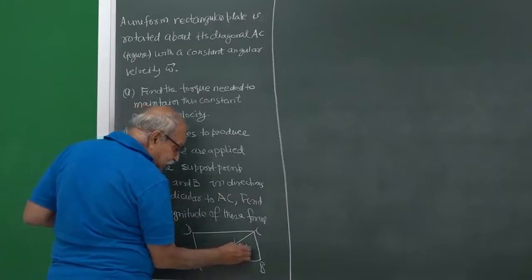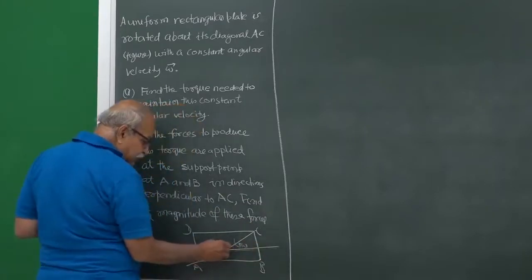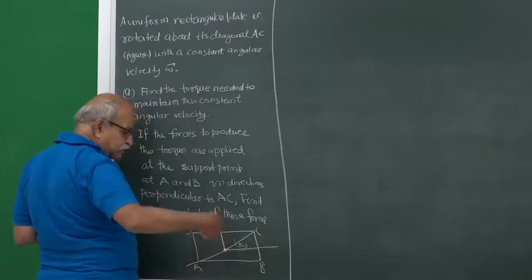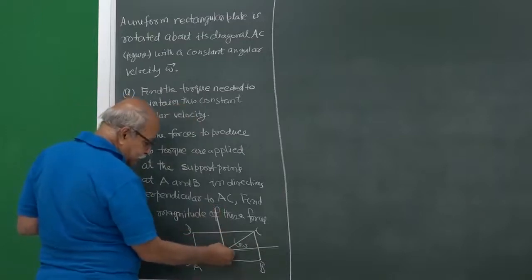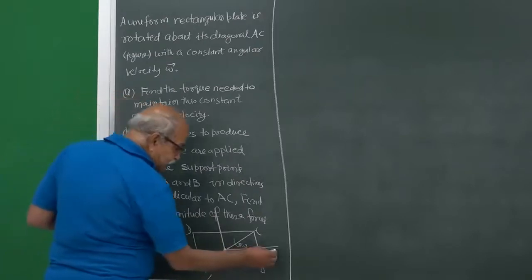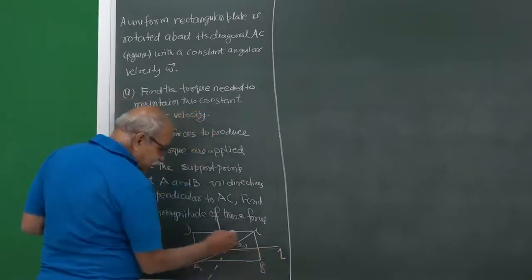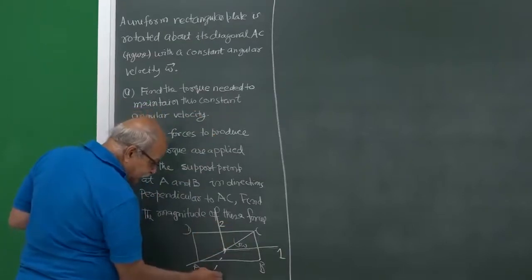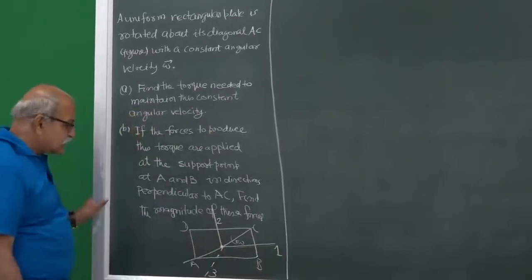This is one principal axis, this is another principal axis, and the third is perpendicular to this plate. So, these are the axes. Let us call this one axis, this two axis, and this perpendicular to the plate as 3 axis.